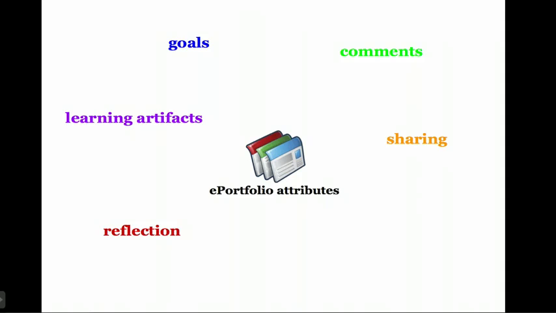So at some point near the end of the cycle, you would share the progress that you've made and share your ePortfolio in some sort of format. This could be done in a traditional format by standing up in front of a group of people and sharing your portfolio.